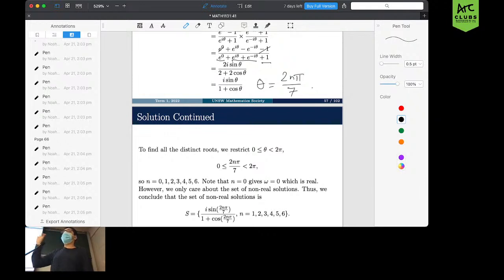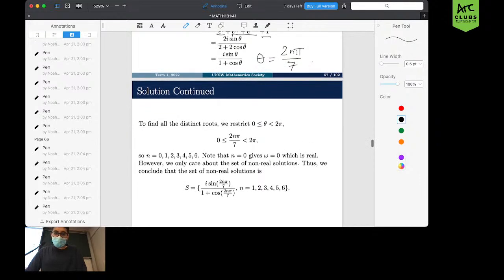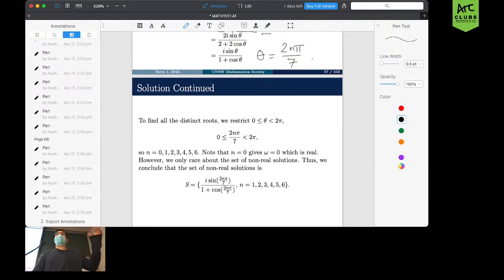Since we know that between 0 and 2 pi, sine theta covers its entire oscillation, and cos theta also covers its entire oscillation. So if we restrict theta to be between 0 and 2 pi and replace theta with 2n pi on 7, we end up getting the possible values for n to be 0, 1, 2, 3, 4, 5, or 6.